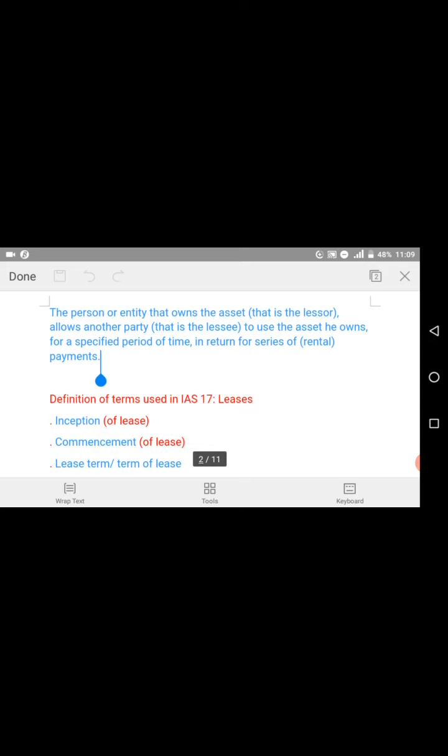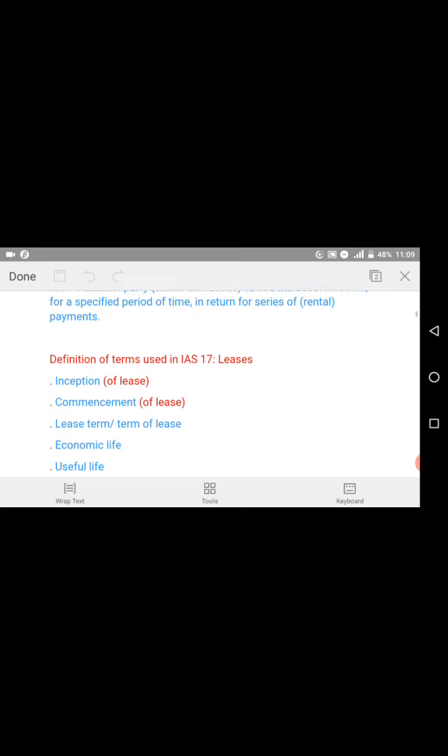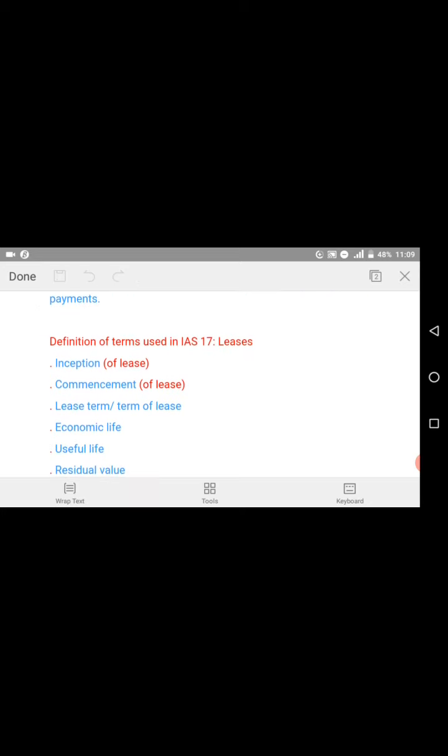Then the second important part is the definition of terms used in IAS 17 leases. First one would have, I think, nine of them. First one is inception of lease. Second, commencement of lease. The third, lease term or term of lease.